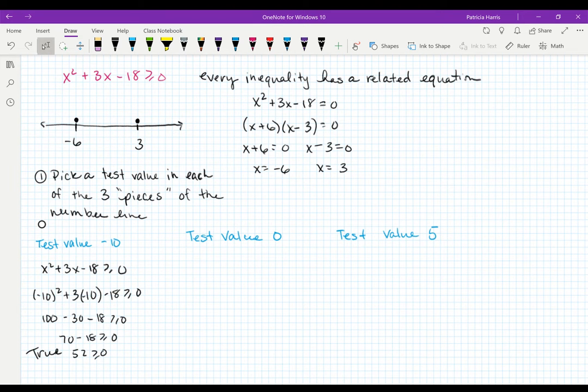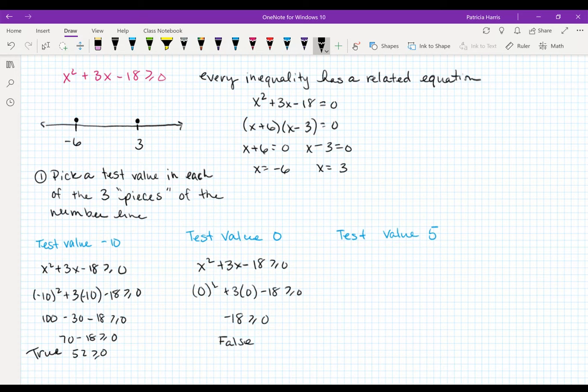Now we're going to plug in a 0. So 0 squared plus 3 times 0 is 0. Then we get -18 is greater than or equal to 0. That is not true. That is false.